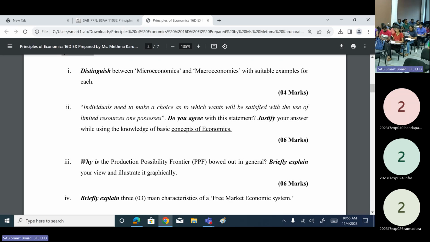Can somebody please check if you have access to this paper? I didn't upload it. On the LMS, can you check if you have access on your page?